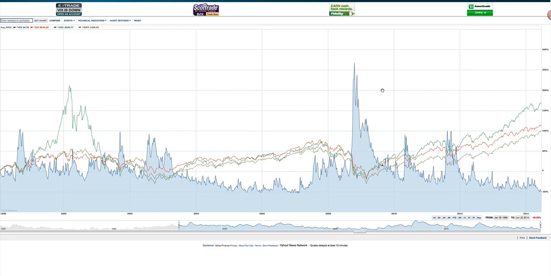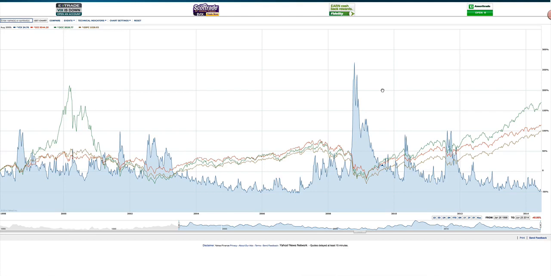So first off, what are we looking at here on the screen? Well, we're looking at what is known as the Volatility Index, or the VIX for short. And essentially, I have graphed it out here all the way back from 1998 all the way up to present day here in June of 2014. Now, I've also superimposed on the chart the Dow Jones Industrial Average, the NASDAQ, and the S&P 500.